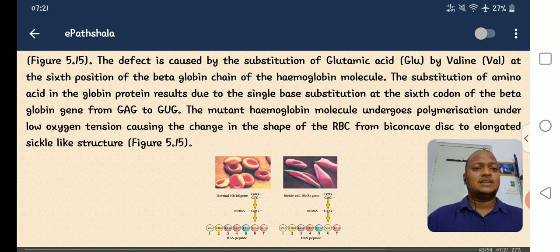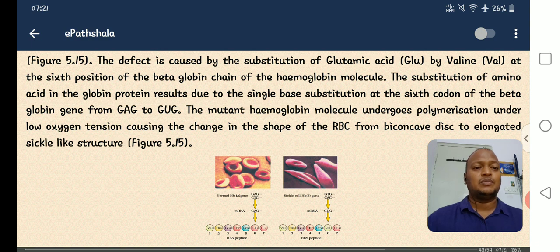So this defect is caused by the substitution of glutamic acid by valine. Glutamic acid is replaced by valine. At which position? In the sixth position of the beta globin chain of the hemoglobin molecule.